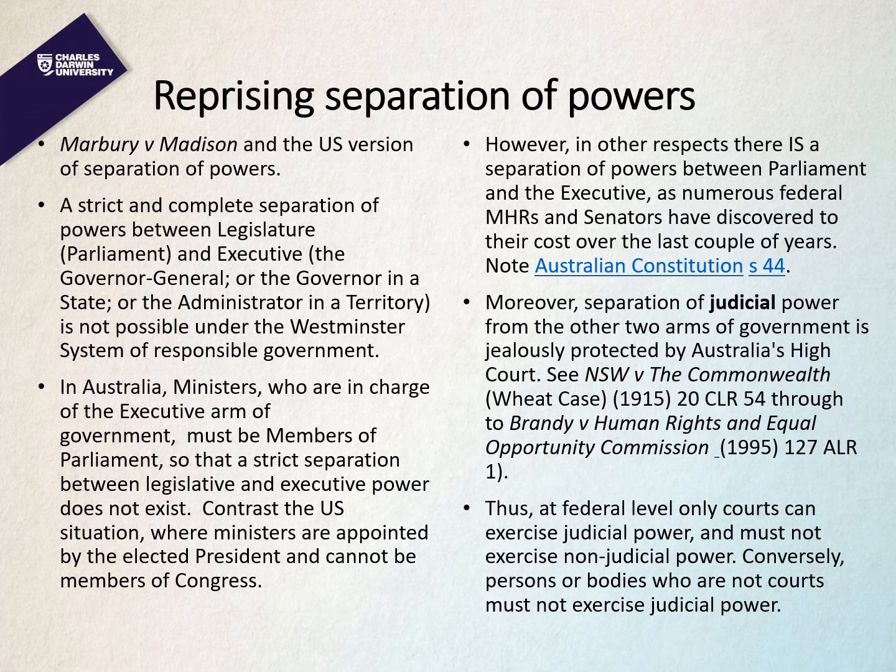Now, you can contrast that with the US situation, where ministers or secretaries of state or whatever are appointed by the elected president and are not permitted to be members of Congress.